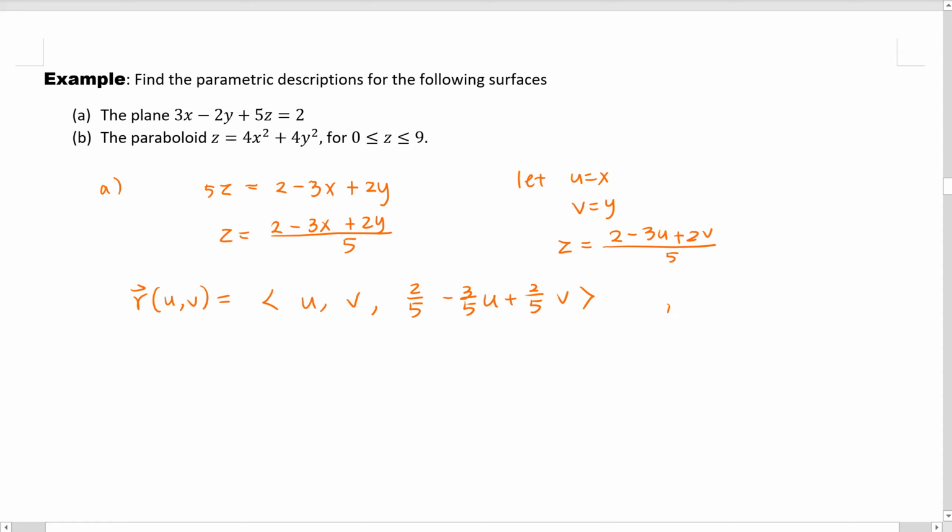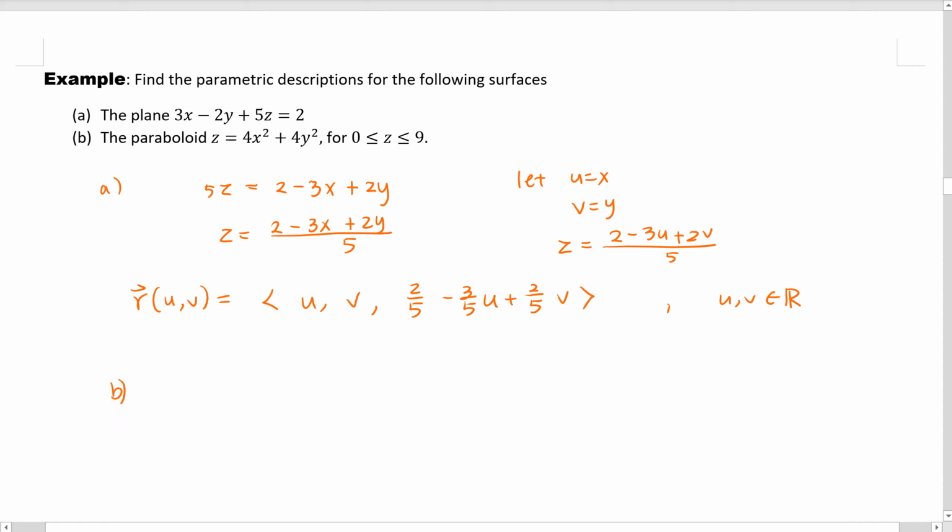It can extend far away. So u and v are any real numbers. So far, so good, everybody. You can also let y be u and z be v, and solve x in terms of u and v. Or you can let x be u, z be v, and solve y in terms of u and v. So for a surface, we can find many different parameterizations for it.